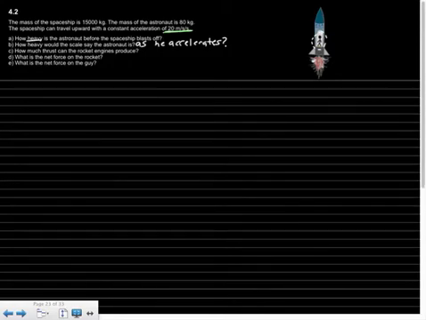Okay, so now part C says, how much thrust can the rocket engines produce? All right. So now in part C, we're looking at the rocket as a whole. So now the rocket is going to be the system. So now we have a new free body diagram.